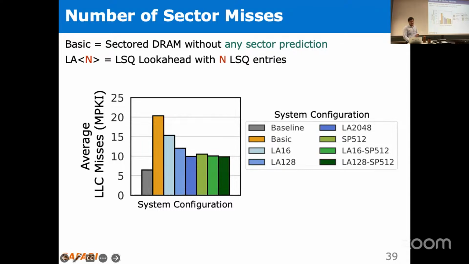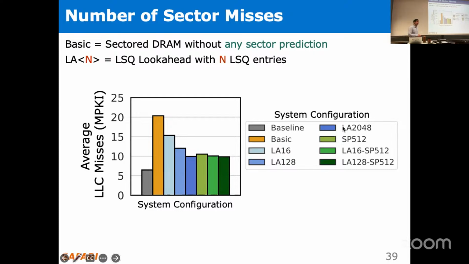LAn stands for LSQ look ahead configurations that look ahead n entries in the load store queue. To give an example, LA16 looks ahead only 16 next loads and stores in the queue. Now you notice we have an LA2000 here. I didn't want to use the word impractical, but you don't have 2000 entry load store queues.